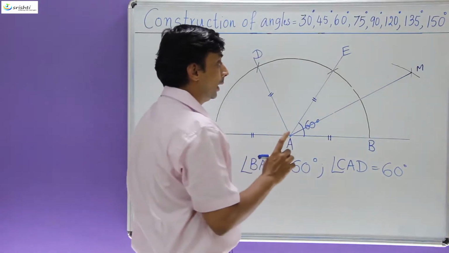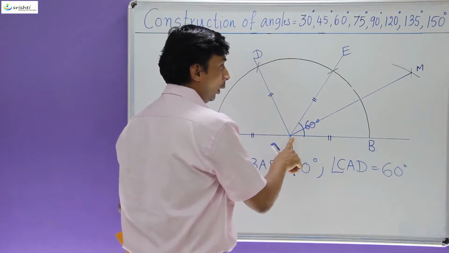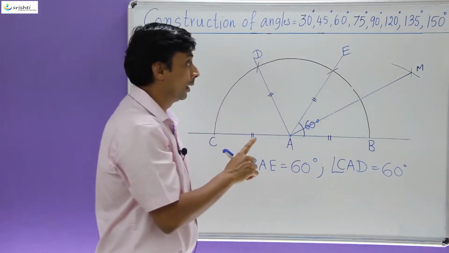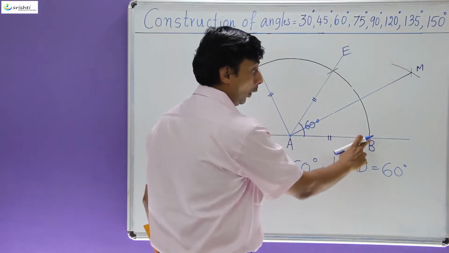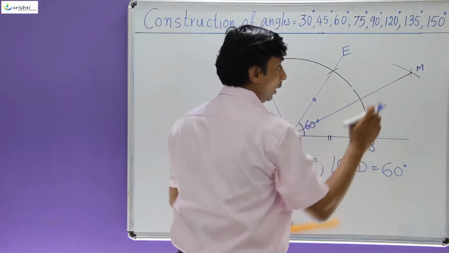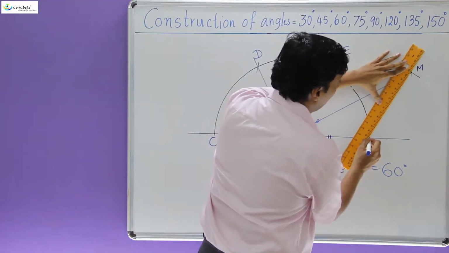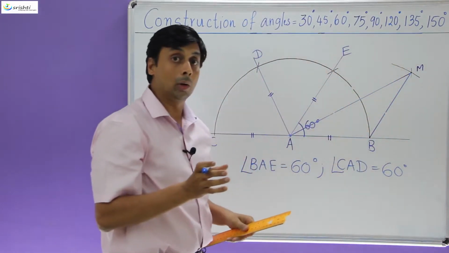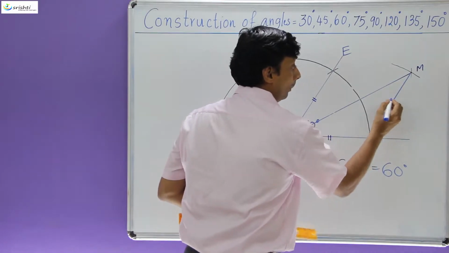So the idea here is, the rounder measurement was the same when we drew AB and AE, correct? This is the radius of that semicircle. With the same measurement, we kept the rounder at point B and we drew an arc, which means that BM is equal to the radius of the semicircle, because I did not change my rounder measurement, which tells me that AB is equal to BM.